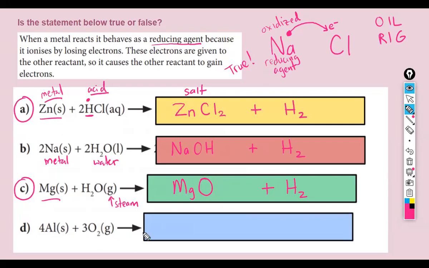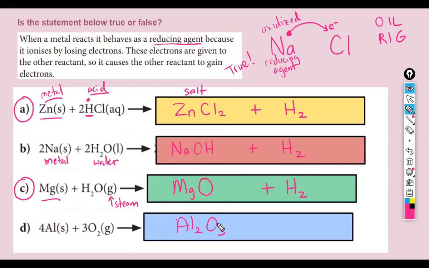And aluminum plus, this one is easy. Aluminum plus this. That's oxygen. A metal plus oxygen will give you a metal oxide. So you'll get Al2O3. This is essentially aluminum oxide, or bauxite.